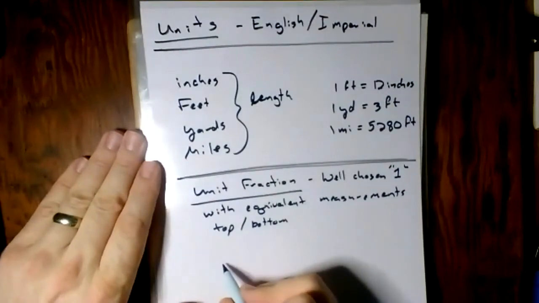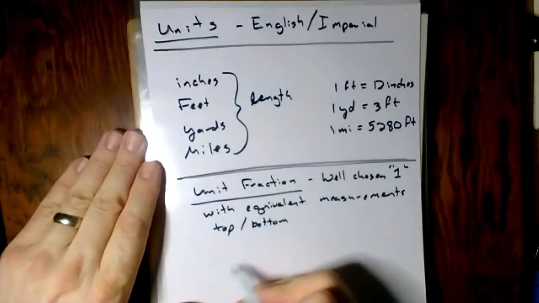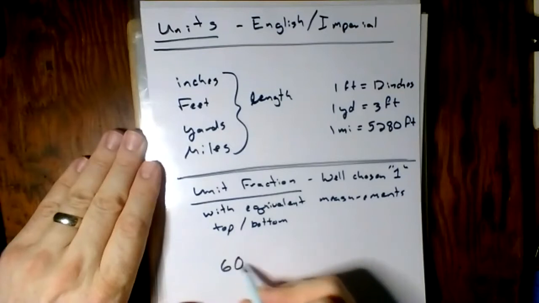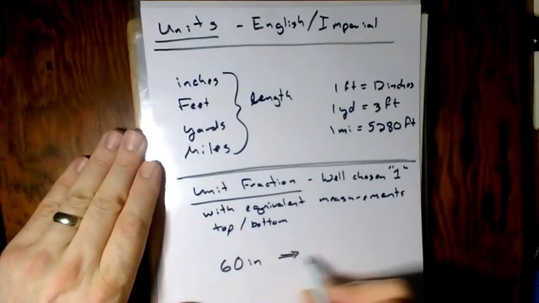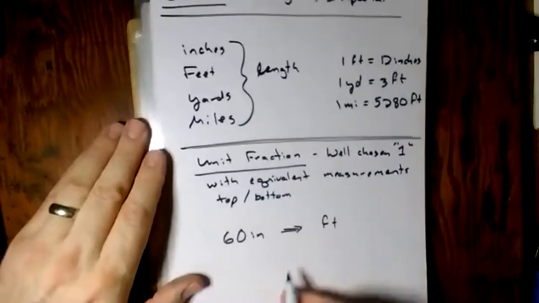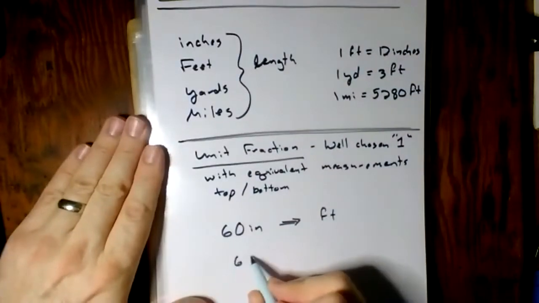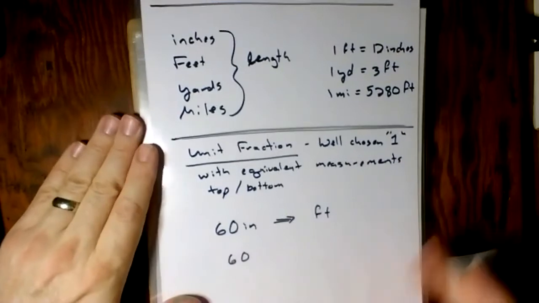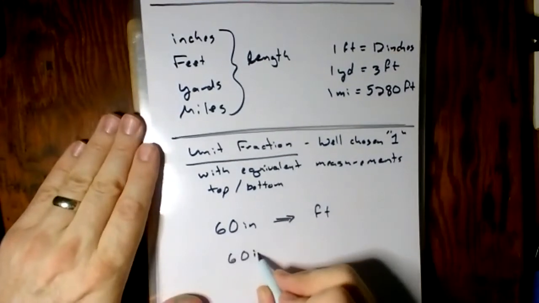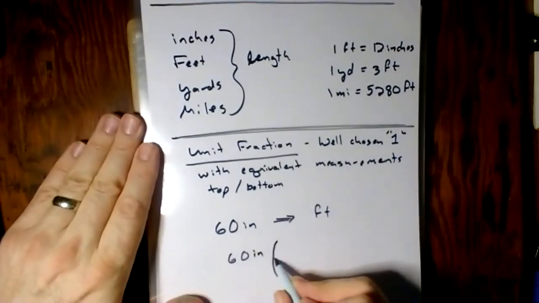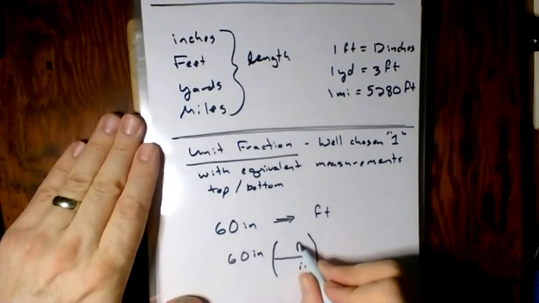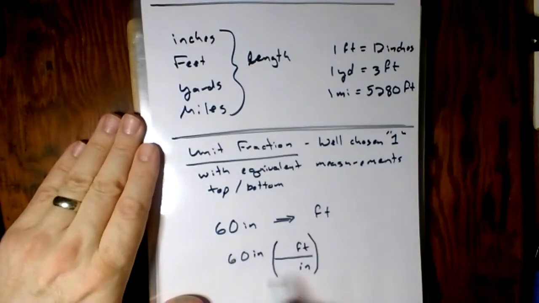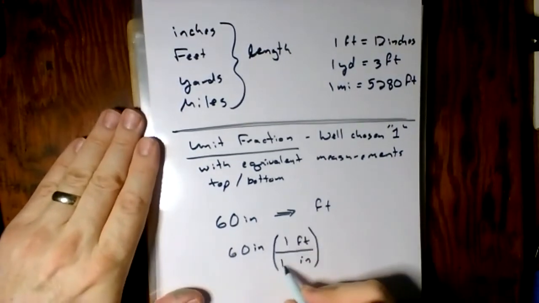So say I've got something like 60 inches, and I want to convert this into feet. Well, I'll ask myself how many inches per foot. Well, 1 foot is 12 inches.